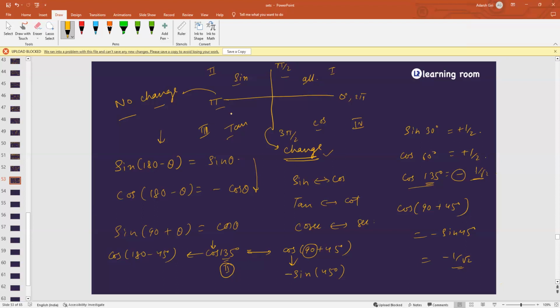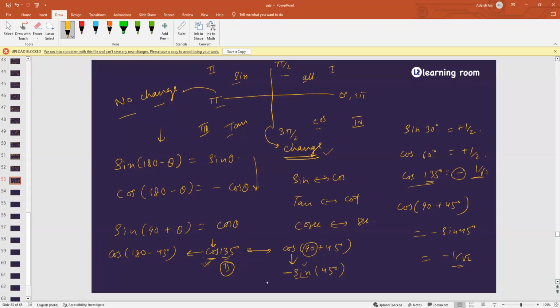So I will write a negative sign here. I know the sine is positive, but I'm not concerned with this sign. I am concerned with the function that is related to the question, cos of 135. This is what we are finding. So cos is negative. That's why the negative sign will come here. We don't have to see what is coming after the conversion. So it will be minus 1 by root 2.